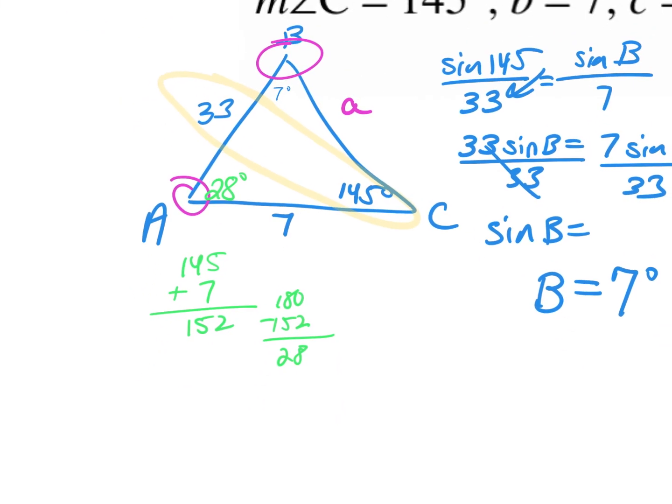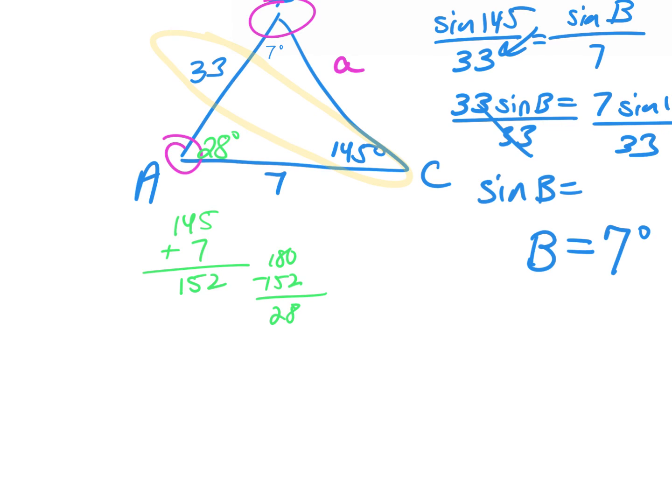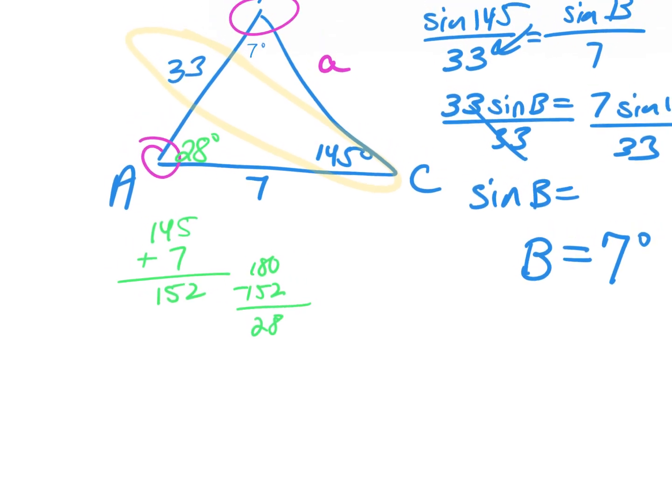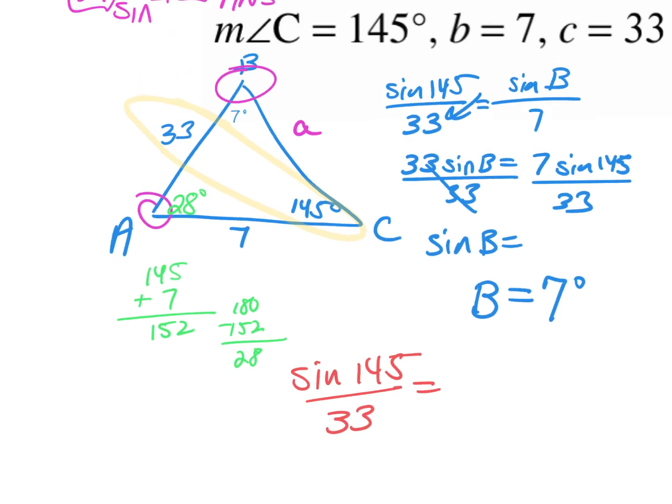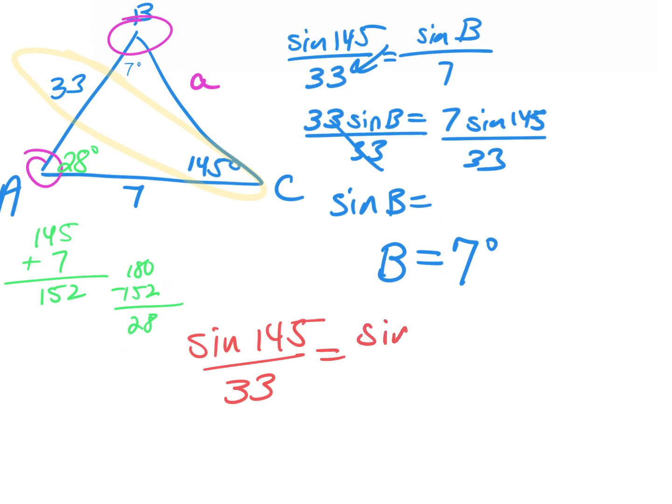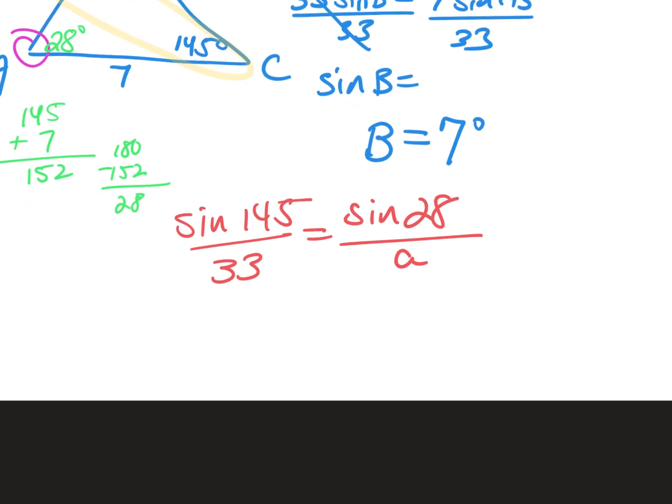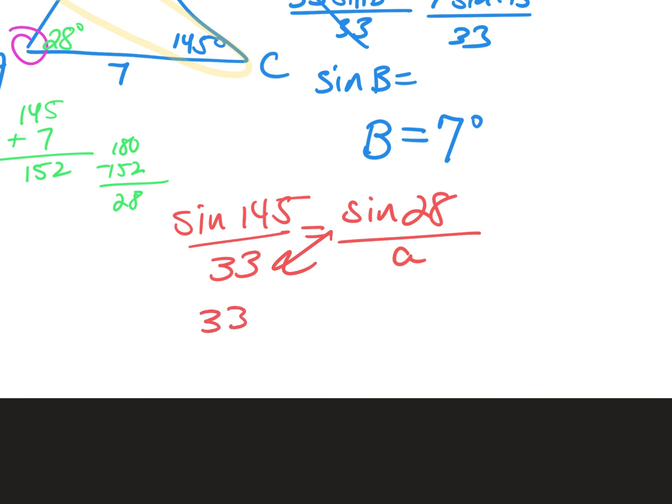And now that I know that, I can figure out what side A is. Again, you can use either proportion that you want to. I'm going to go back with one that they gave me at the beginning. So it's sine 145 over 33 equals sine 28, not 128, over A. Cross multiply, so 33 times the sine of 28 equals A times the sine of 145.